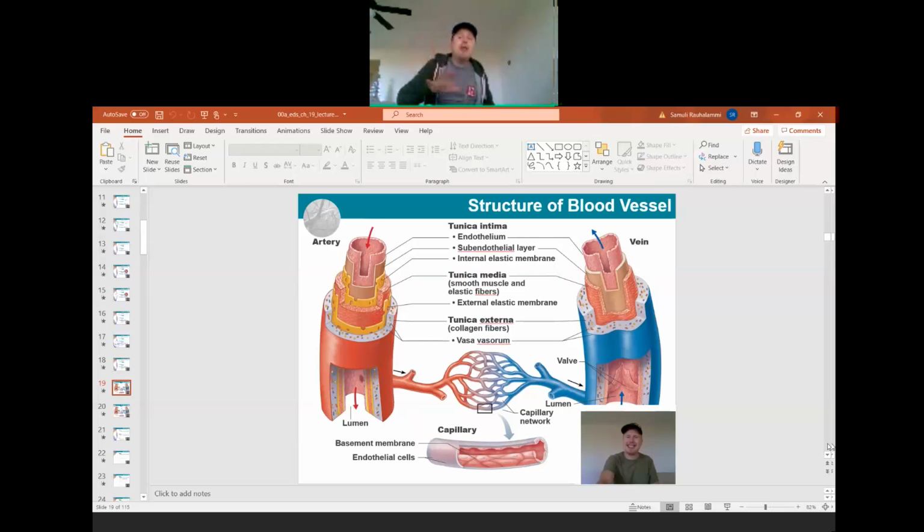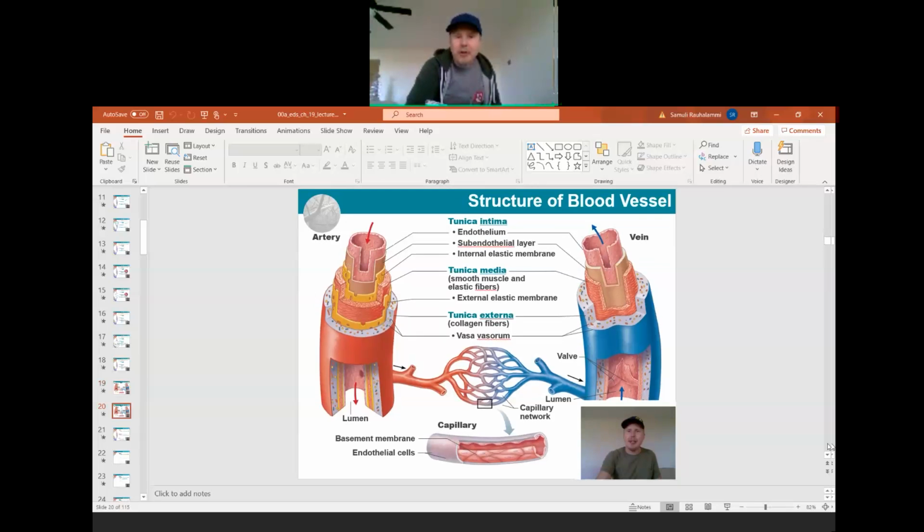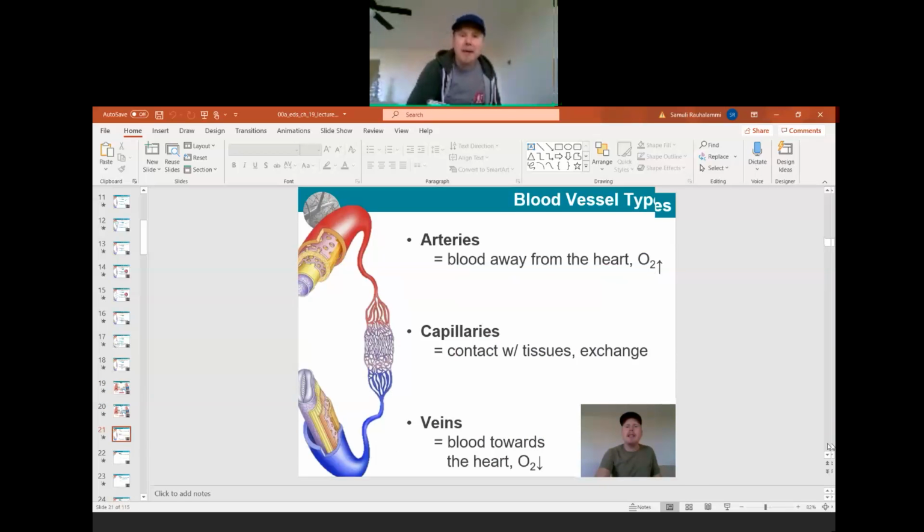But really, you don't need to take anything else away from this image just yet. What we'll do next is start comparing the arteries, arterioles, capillaries, venules, and veins with each other. And we'll see how these 3 layers, tunica intima, tunica media, and tunica externa, sometimes called tunica adventitia, differ from one blood vessel type to another. So without further ado, I think we're ready to jump in.